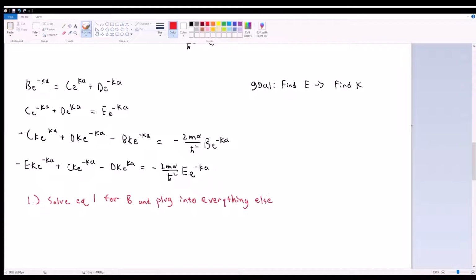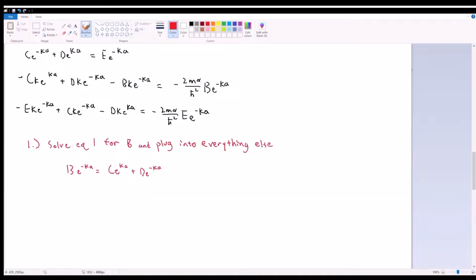We have b e^(-ka) equal to c e^(ka) plus d e^(-ka). If I want to solve this for b, I just multiply everything by e^(ka). This gives me b equal to c e^(2ka) plus d. Then I just take this and plug it into equations 2, 3, and 4, and forget about equation 1.